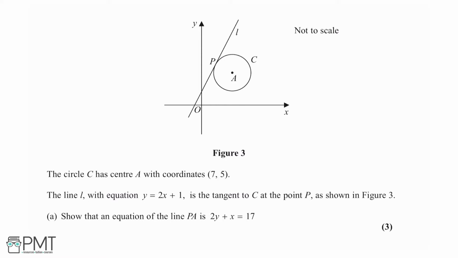The circle has centre A with coordinates 7, 5, so that is a key piece of information.